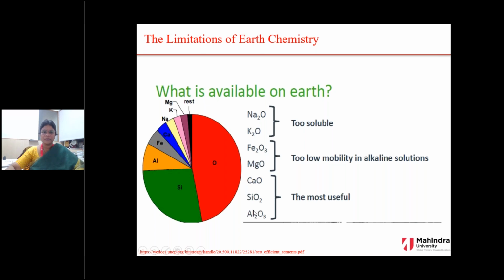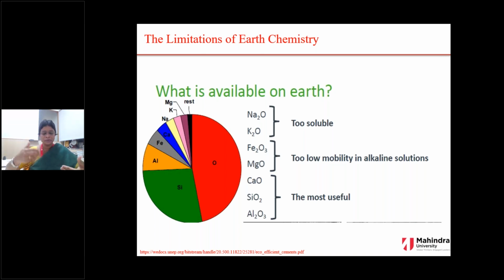Among them, we know that the hydrates of these oxides are too soluble, which will not contribute to the strength of the concrete. And the other 3, ferrous, magnesium and calcium, have too low mobility, so they cannot contribute.